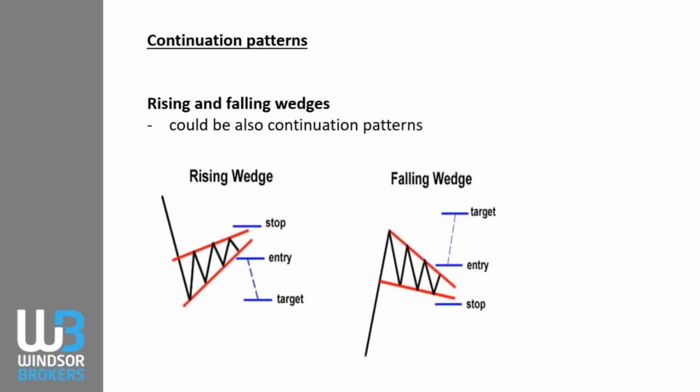Now, in this case, we again have continuation patterns, which the wedges could apply to. In this case, the rising wedge is in a downtrend with the price bouncing higher again, forming a series of higher highs and higher lows, but within the narrowing trend price is converging, and a break below the support line of this narrowing trend, which is in triangular shape, is a signal that the price will continue lower in its original trend.